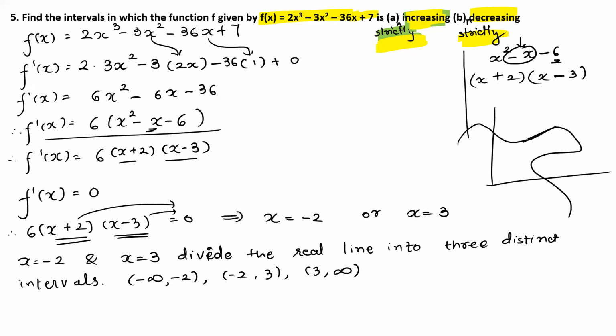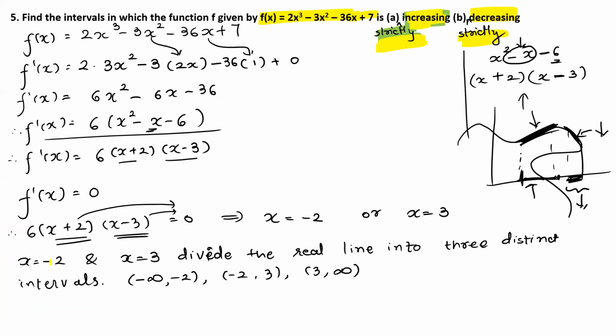I don't know in which part it is increasing and in which part it is decreasing. Here we can check that in this interval it is increasing, then in this region it is decreasing. So we want to find the intervals for which it is increasing and for which it is decreasing, right? It is not the correct curve I have drawn; I just moved my pen randomly.